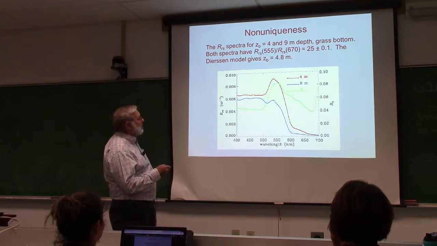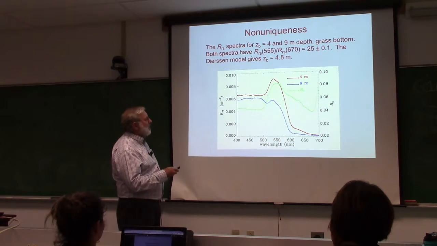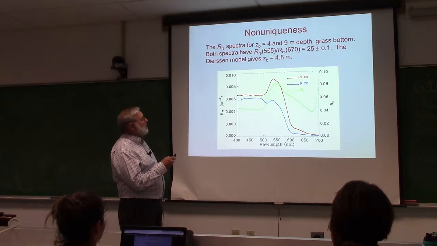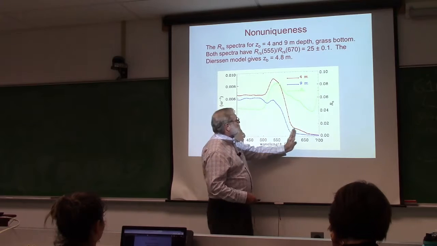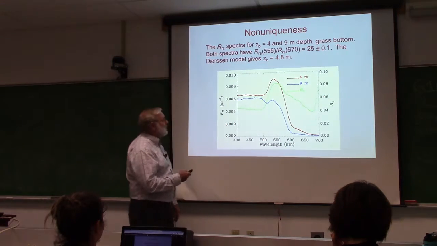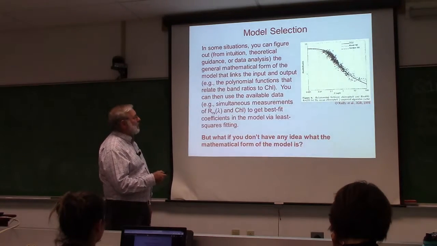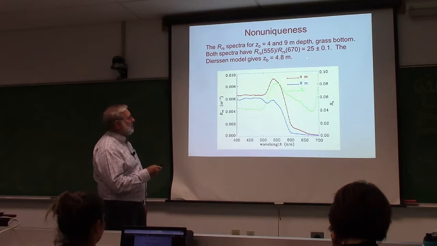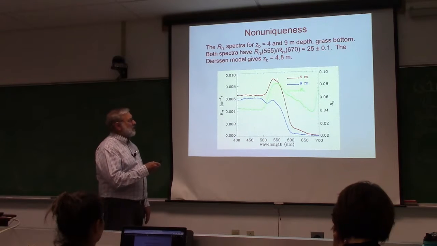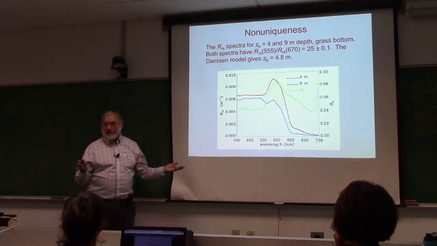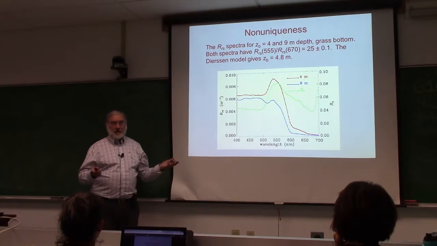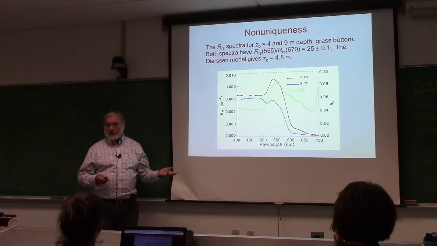Now, each one of these spectra, the red and the blue, have the same ratio of 555 to 670, which was this number 25. So although you look at the spectra and you say, oh yeah, there's obviously something different going on, the band ratio doesn't see any difference in those two spectra.